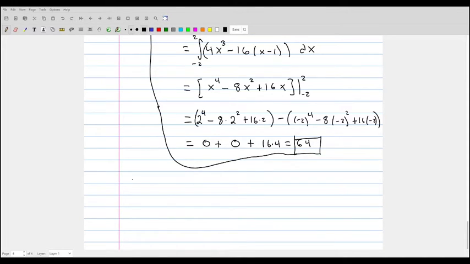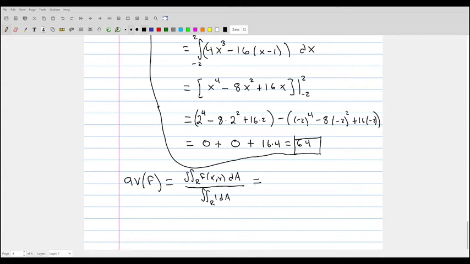Which means that the average value of this function on this domain is going to be the double integral of the function over R, which we just calculated, divided by the area of R, or the double integral of the constant function 1.